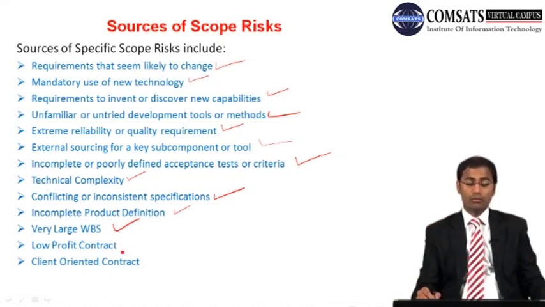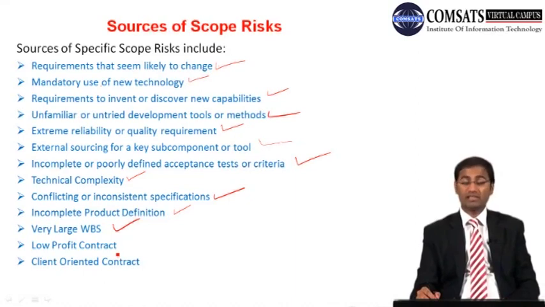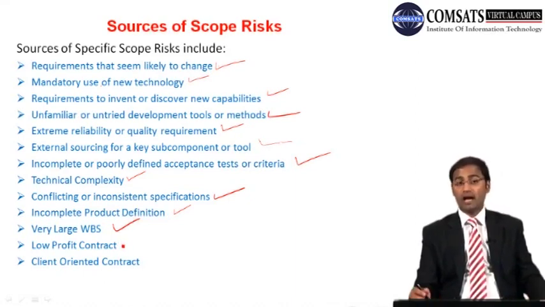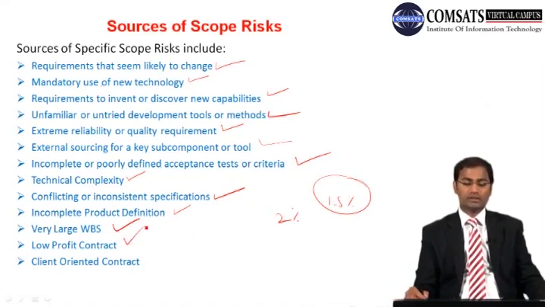Then low profit contracts are very, very risky. Profits are so low that your supplier is actually working on 2% profit, and a price hike of even 1.5% will force him to abandon supplying you the materials. So these are also scope risks.